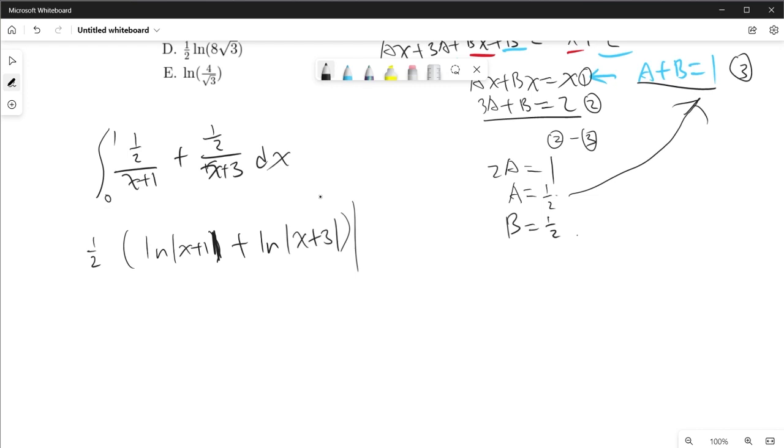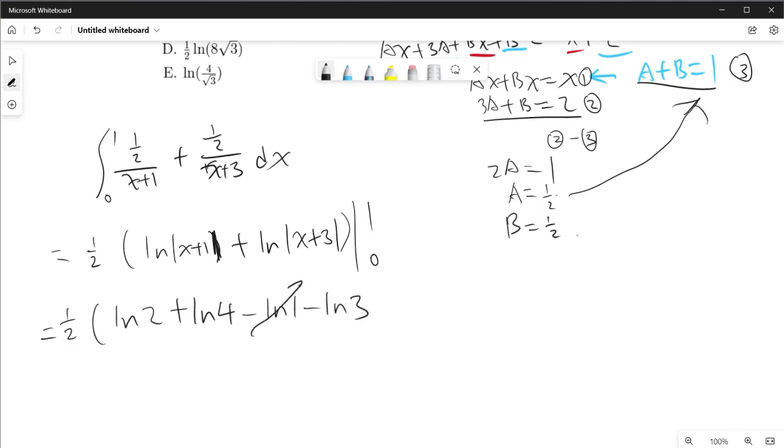All of this evaluated over 0 and 1. I can plug 0 and 1 in, so I'm gonna leave the 1/2 stay outside. ln 2 plus ln 4 minus ln 1 minus ln 3.